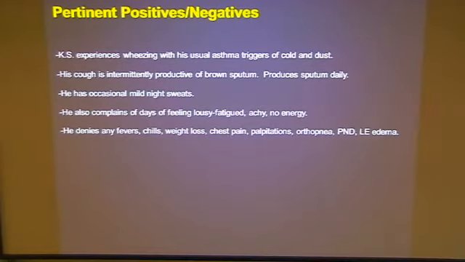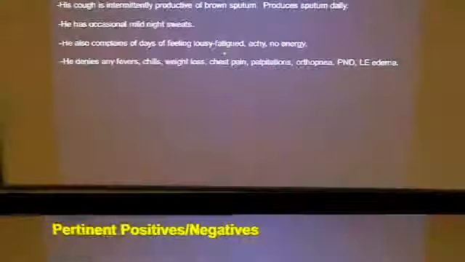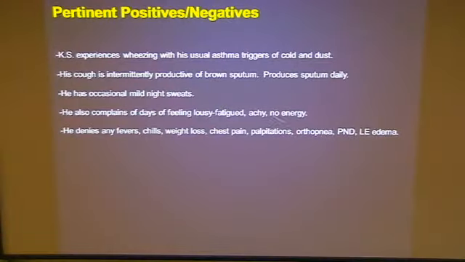His symptoms weren't necessarily consistent every day. He'd have days where he was really fatigued, achy, with no energy, then a better day where he was able to do more activities. Otherwise, he didn't have any fevers, chills, weight loss, chest pain, palpitations, orthopnea, PND, or lower extremity edema. Questions?